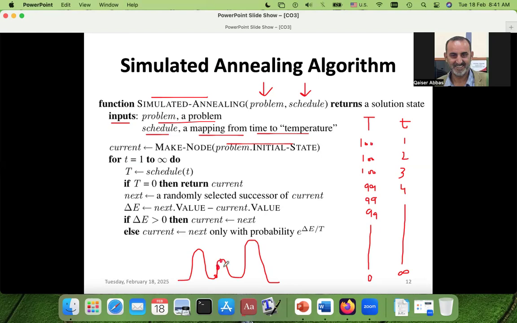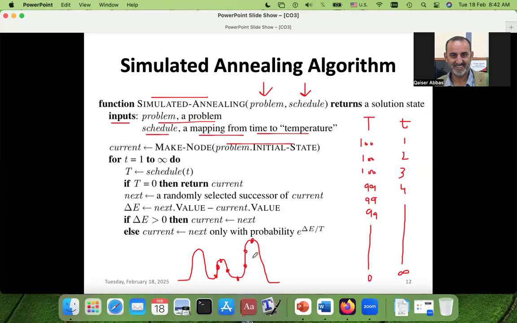One state is here, another is here. These are different states of the problem. And then one state is here, another is here. So these are one, two, three hills. Where is the global maximum? On which hill do we have the global maximum in this diagram?